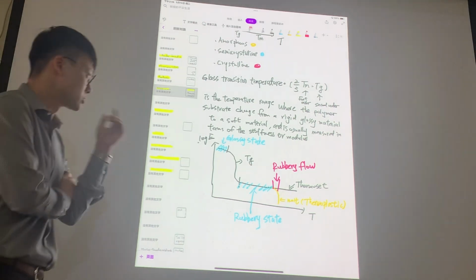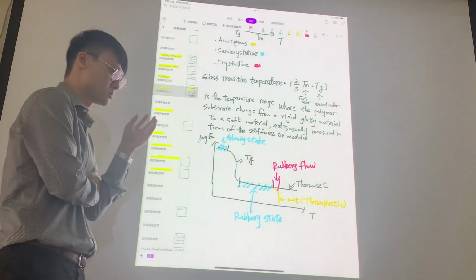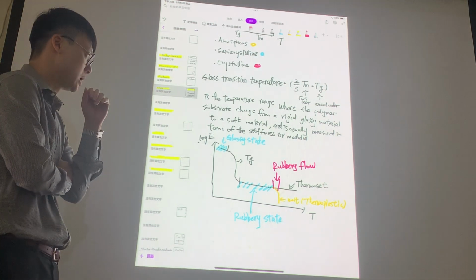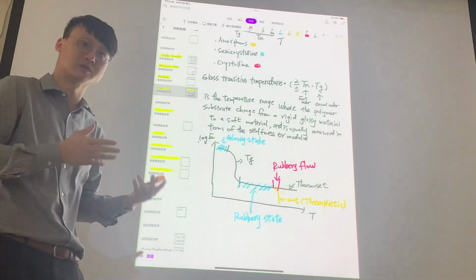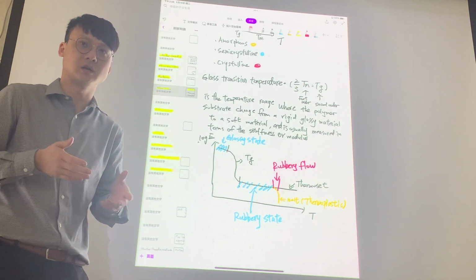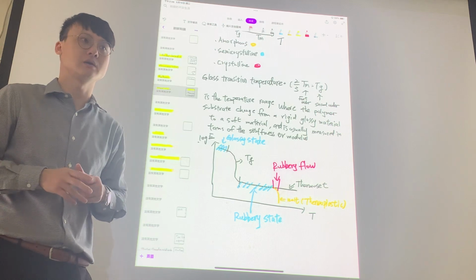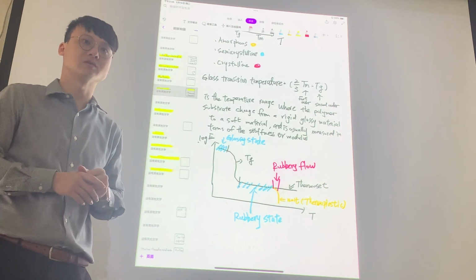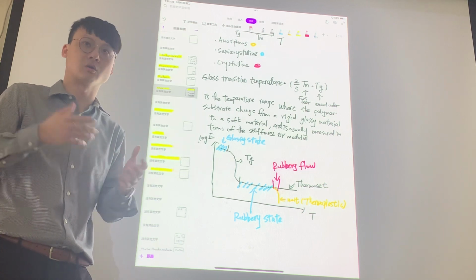So I also will give you a quick summary of what's going on. In this graph I'm showing you two materials, the thermoset and the thermoplastic. As I explained, all thermosets are basically amorphous, so that's why at the beginning I first talked about thermoplastic. In thermoplastic, there is amorphous and semi-crystalline.